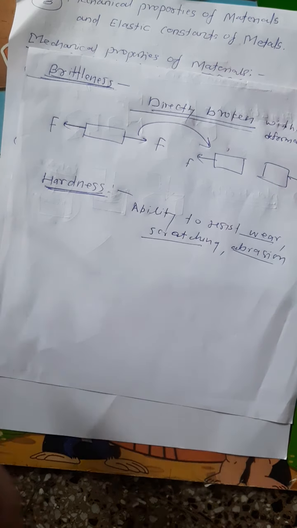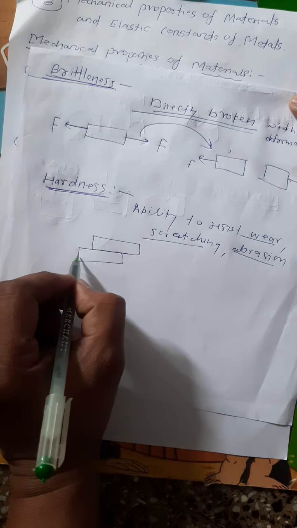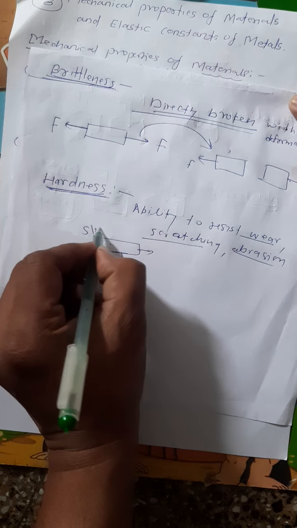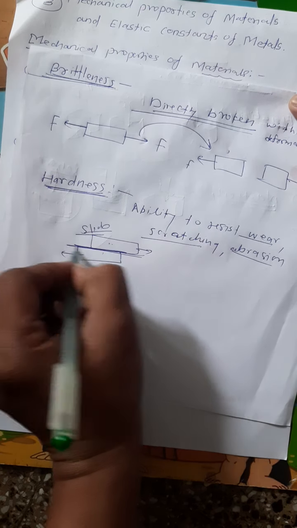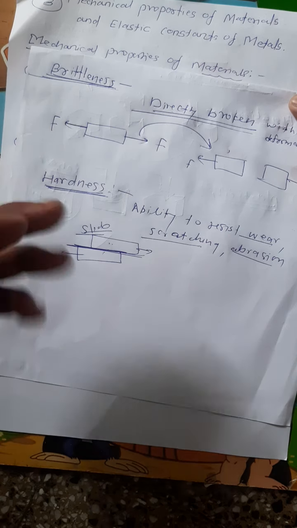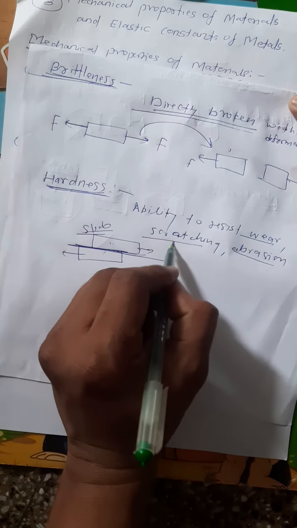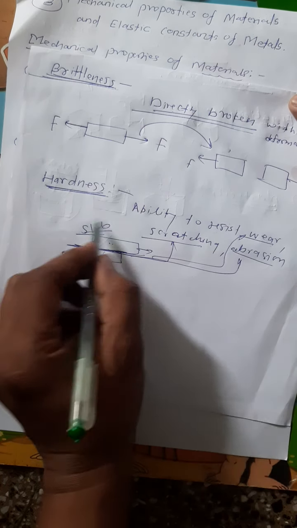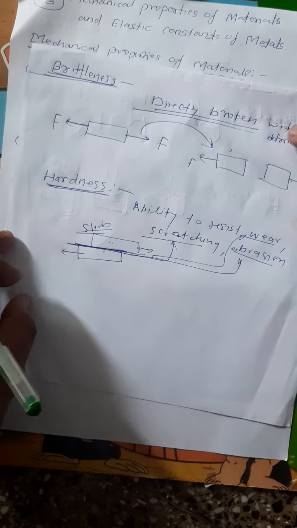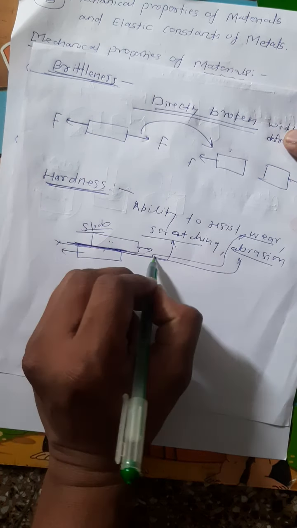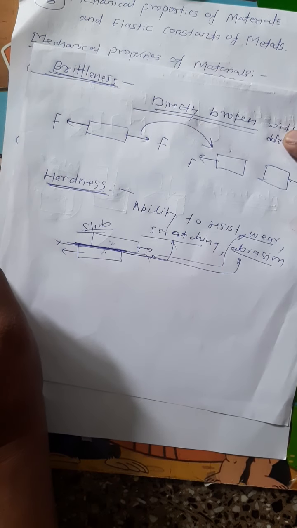Suppose we assume these are two parts that overlap each other, and due to the force these two pieces slide, and due to this sliding there is a surface in contact, where we'll find wearing, scratching and abrasion. Due to this sliding motion, because we have two parts overlapping each other, we find at this section the surface in contact of these two parts.